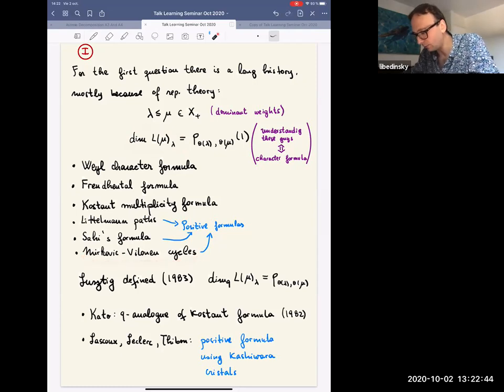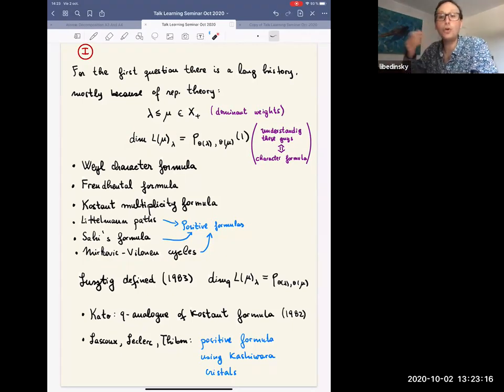Then Mirkovic-Vilonen cycles: essentially you have this relation between the intersection cohomology of some subvariety of the affine Grassmannian. It's isomorphic to the simple highest weight module, and the cycles are subvarieties that intersect this in a basis. So this is a very rich thing.